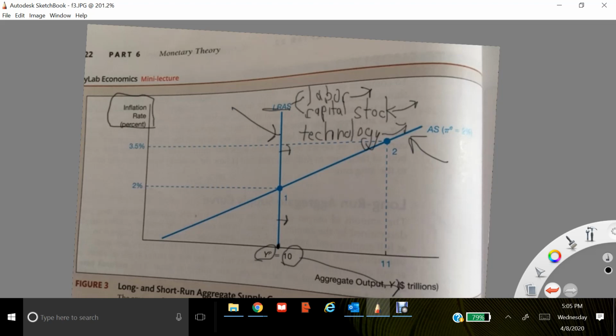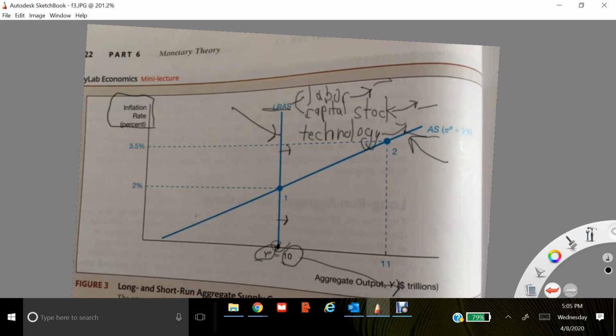None of these factors here depend on the rate of inflation in the economy. So that's why the relationship between long-run aggregate supply and inflation is this vertical line.